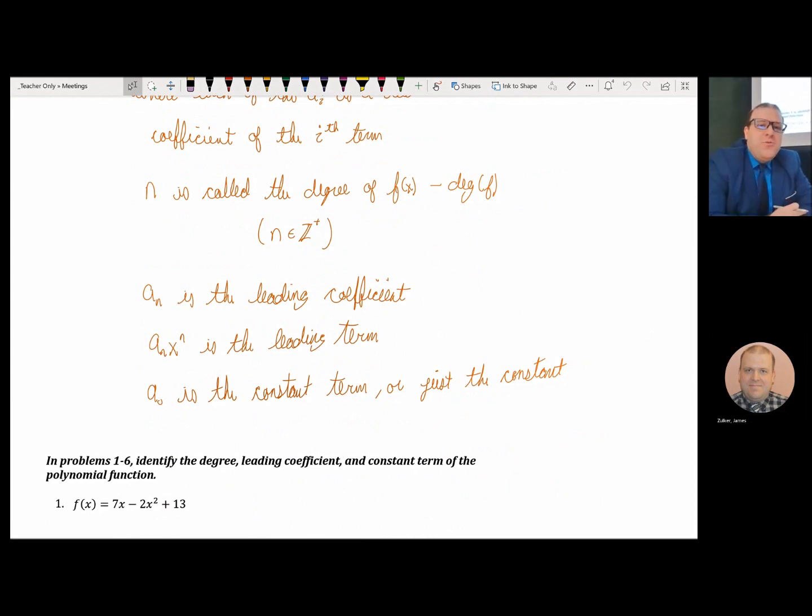All right, so what we're going to do for each of the following 6 is identify the degree, the leading coefficient, and the constant.